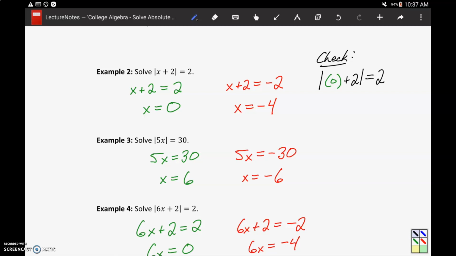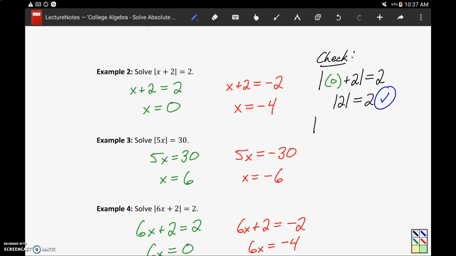So what I've done is just rewritten the original problem that we had in example 2, substituting in my first solution, x equals 0, into this equation, and now we can look at evaluating that. So on the left-hand side, we would end up with the absolute value of 2 is equal to positive 2, which is true, so we know that's a valid solution.